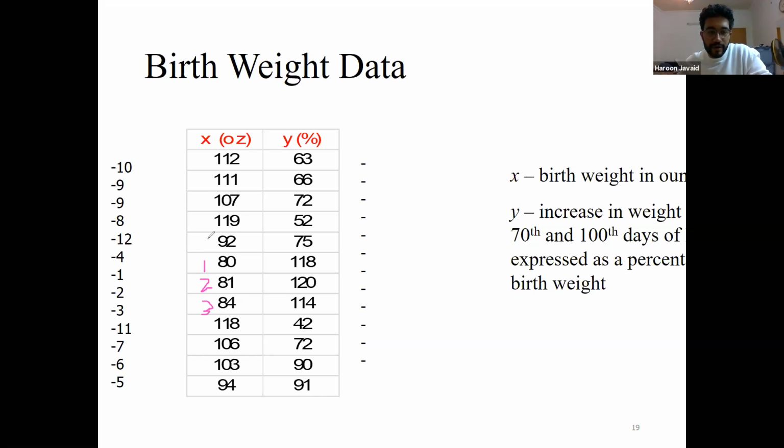Then we go 4, then 5, 6, 7, 8, 9, 10, 11, and 12.